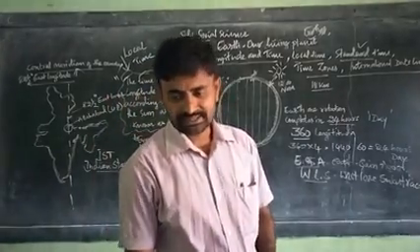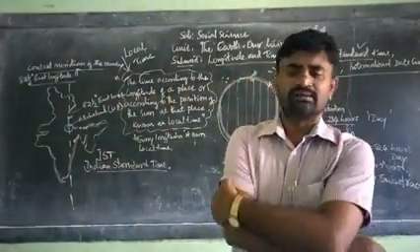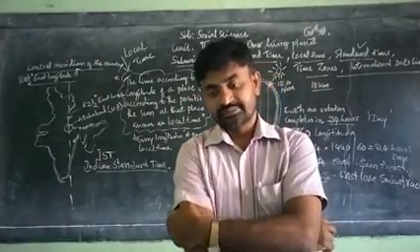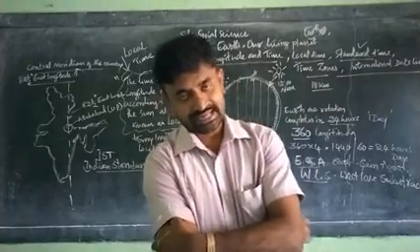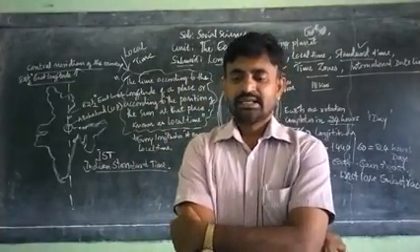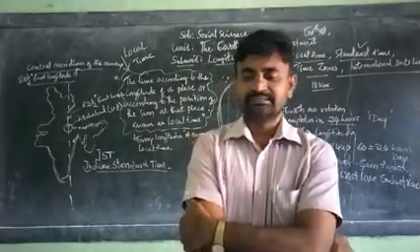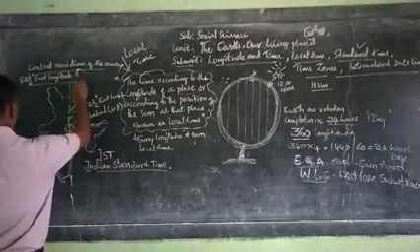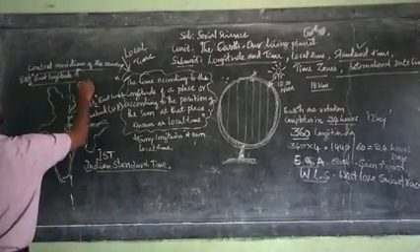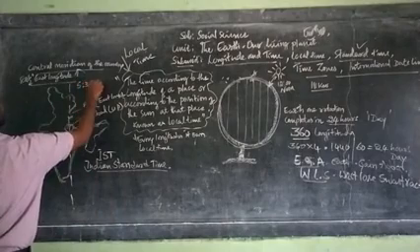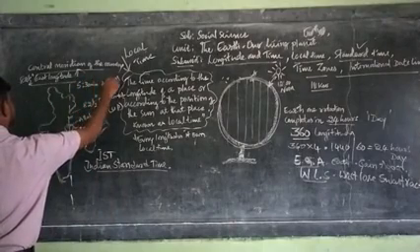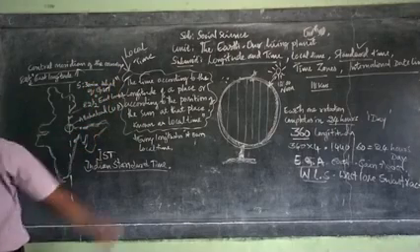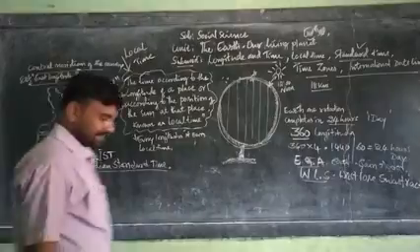See, dear students, the meridian passes through Allahabad of Uttar Pradesh. The time based on this meridian is called Indian Standard Time. It is 5 hours and 30 minutes ahead of GMT, Greenwich Mean Time. When compared to GMT, our time goes 5 hours 30 minutes ahead.